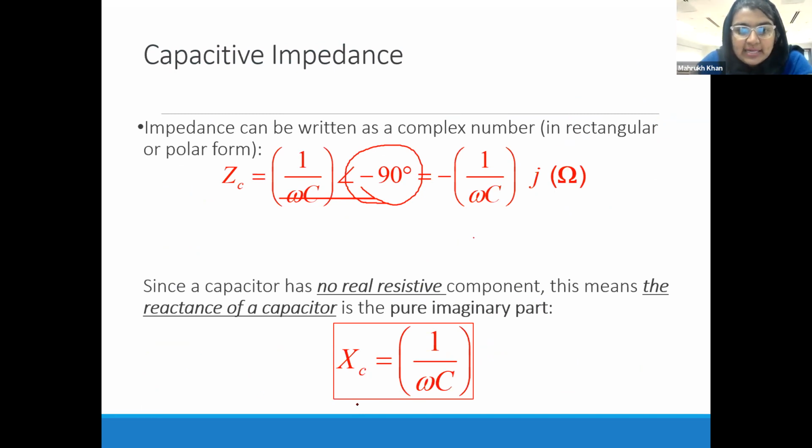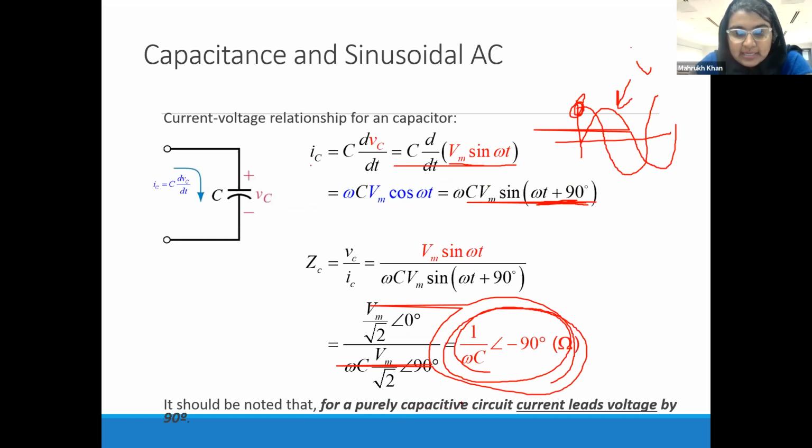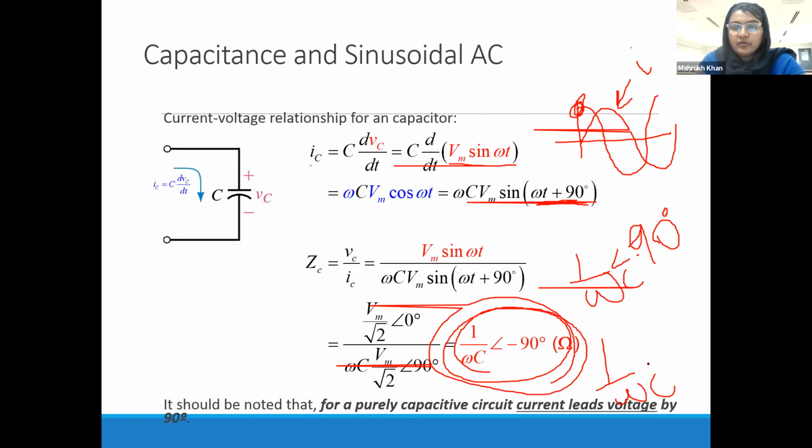And again, if you have 1 over omega C at angle minus 90, you can say 1 over omega C times cos minus 90 and sine minus 90, which will give you minus j over omega C.